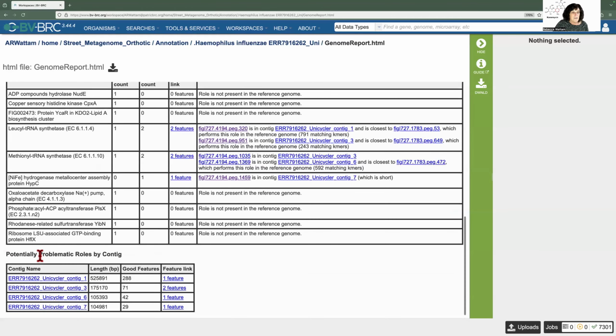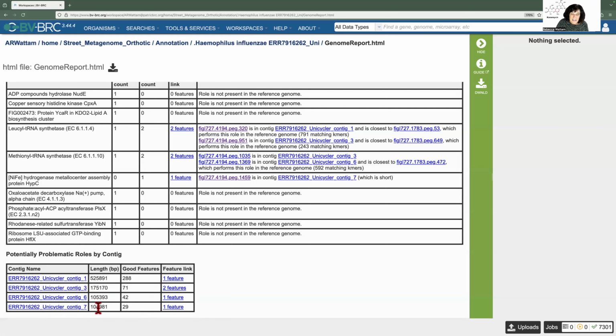And then finally, we have the potentially problematic rules by contig. And this is telling you where these things are. And this can be useful if you have something like a novel plasmid that's in your genome. For example, this contig had one problematic feature out of 288. So I wouldn't think of plasmid for this.